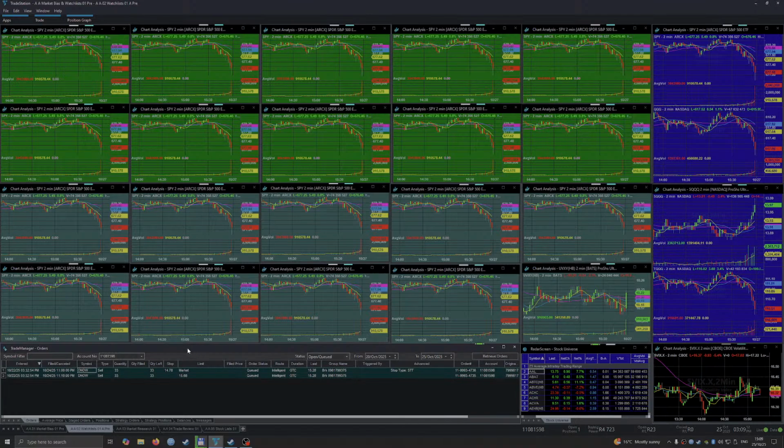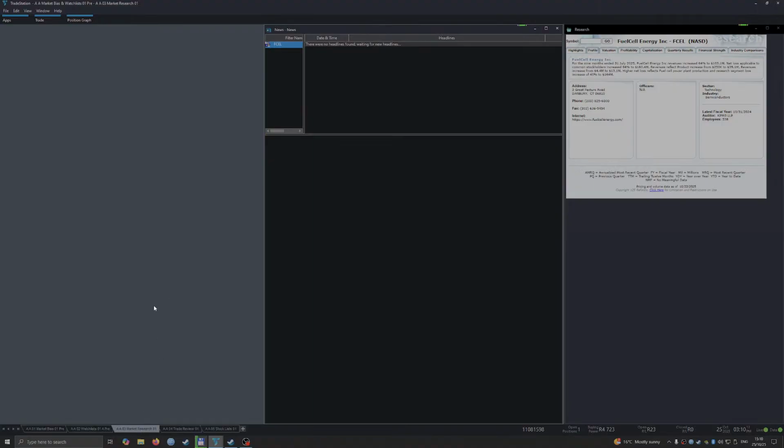This over here, these are my orders that I've got. They have not been filled yet. And I will get to this a little bit later with filling orders and queued orders. Market research. This is the third page. This just gives me an overview of the company.